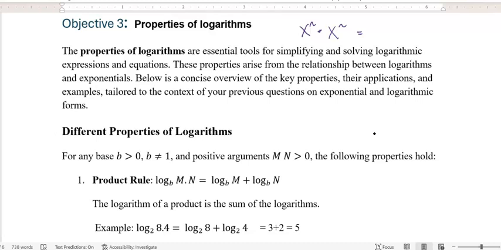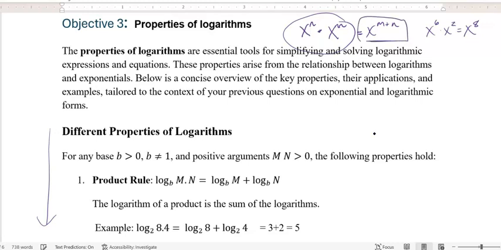For example, what would x to the 6th times x to the 2nd be? Is it x to the 12th or x to the 8th? The answer is x to the 8th. The shortcut is to add your exponents. That's your exponential property. In the next video we're going to look at your log properties. Basically, for every exponential property we had before, there's going to be an equivalent log property that's similar to this one.